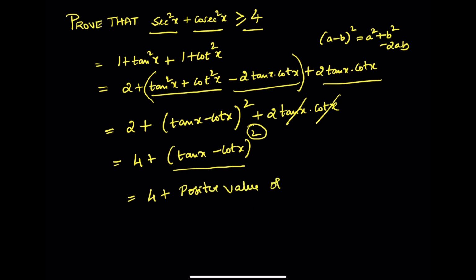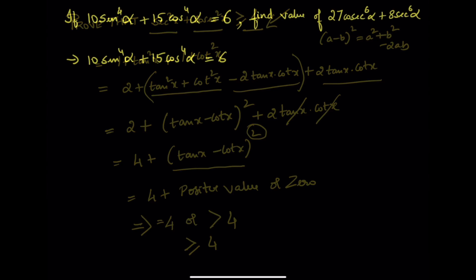Or 0. So this is how we can prove that the resultant value will always be either equal to 4 or greater than 4. So this is nothing but we can represent it as greater than or equal to 4. So this is how we can prove the first question in this video.